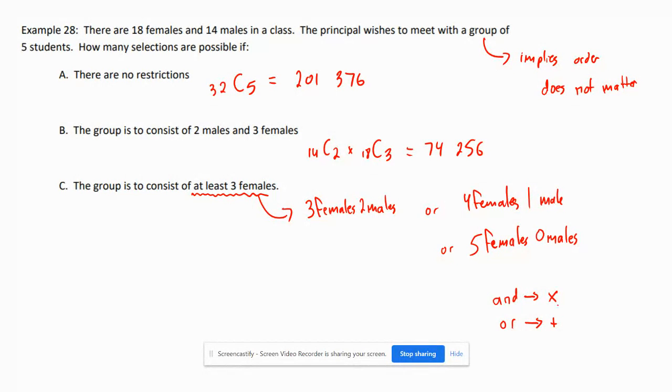So here's what I mean by and or. If I have 3 females and 2 males, okay, and means multiply. 3 females and 2 males, we multiply here. Or means we add this case, 4 females and 1 male.